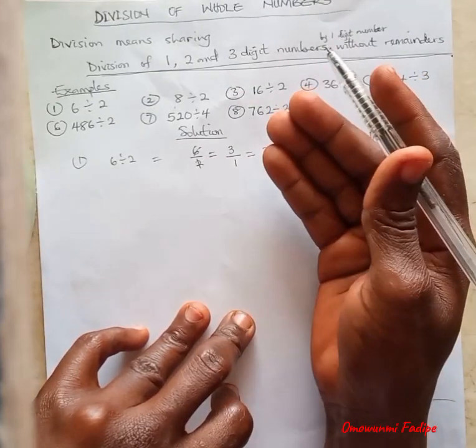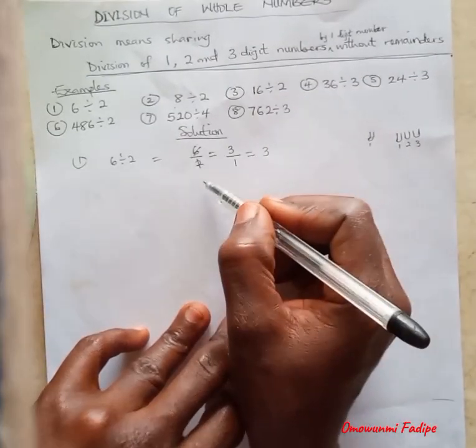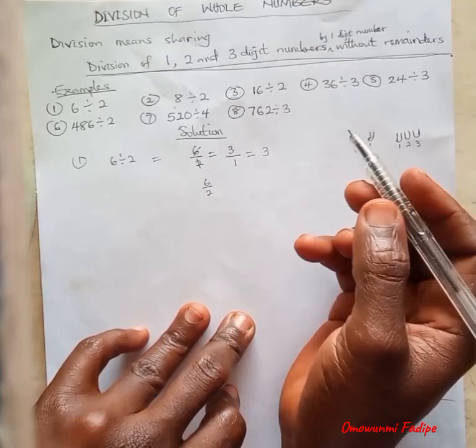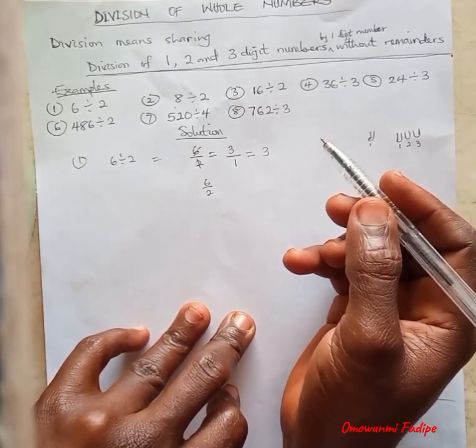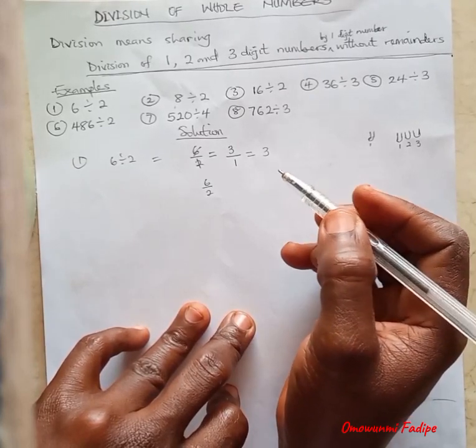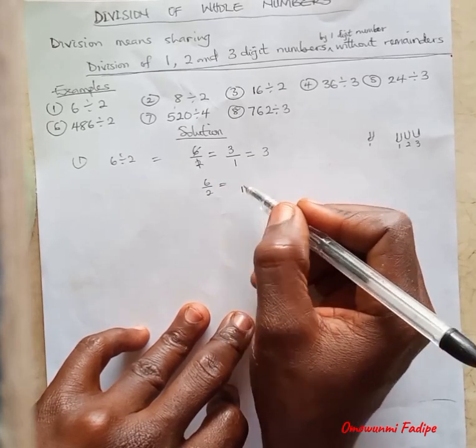This is one of the ways of doing it. Another way you can do it is to say, how many 2 will I see inside 2? You recite a multiplication table. 2 times what will give me 2? 2 times 1 will give me 2. That means my answer is 1.